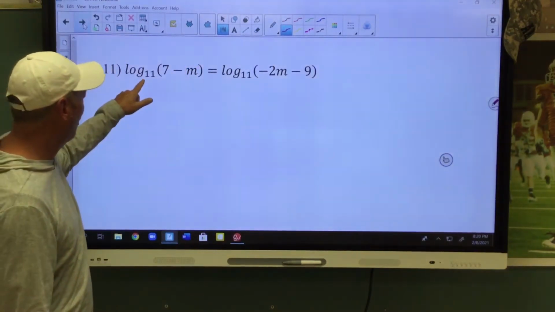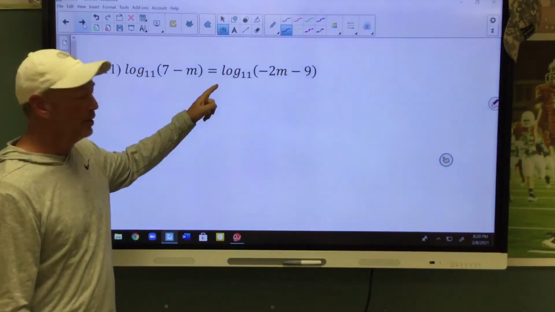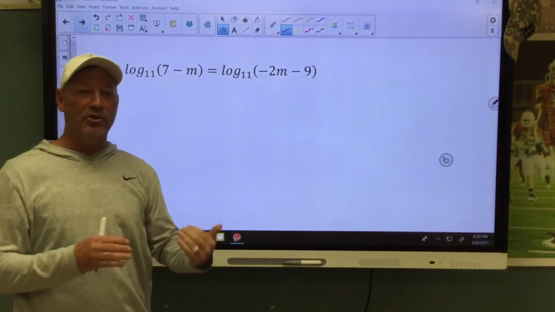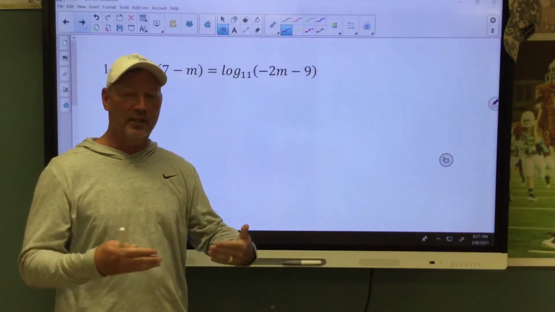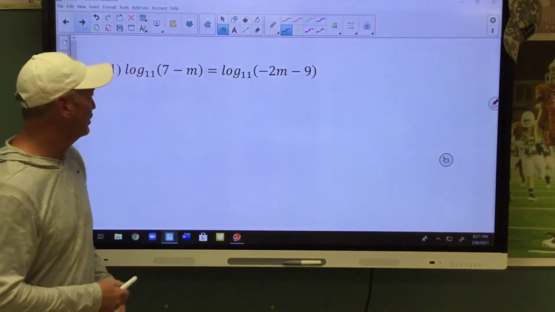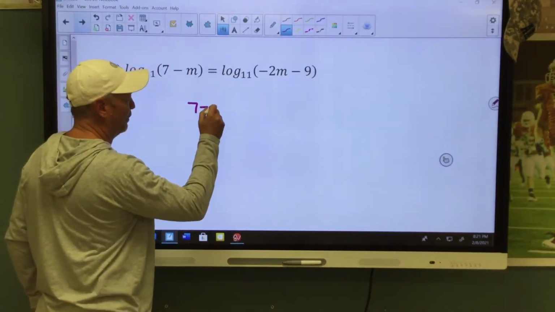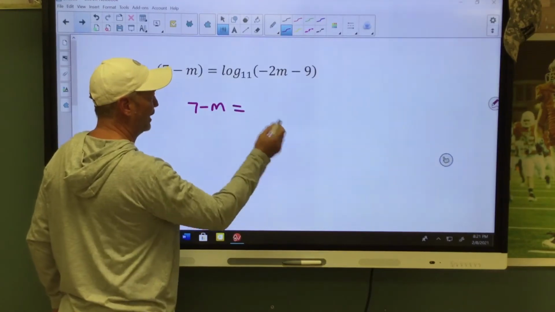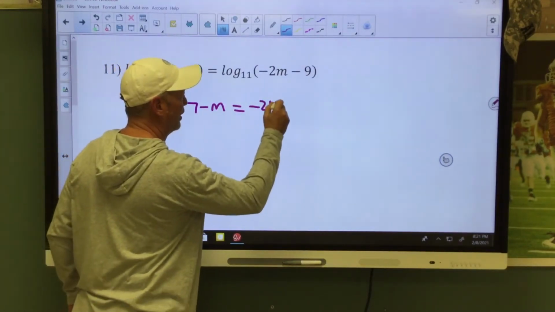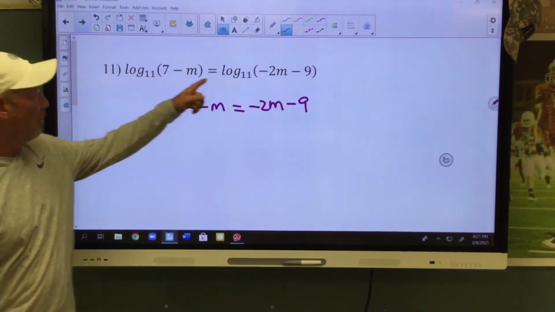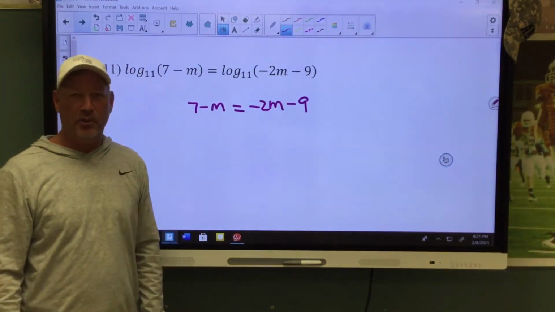So if you have log base 11 of an expression, log base 11 of an expression, we'll just set up an equation with the things that are in the parentheses, those two expressions. So we could just set up an equation and say 7 minus m equals negative 2m minus 9. It's that simple. They both have log base 11, so we can just set up this equation.